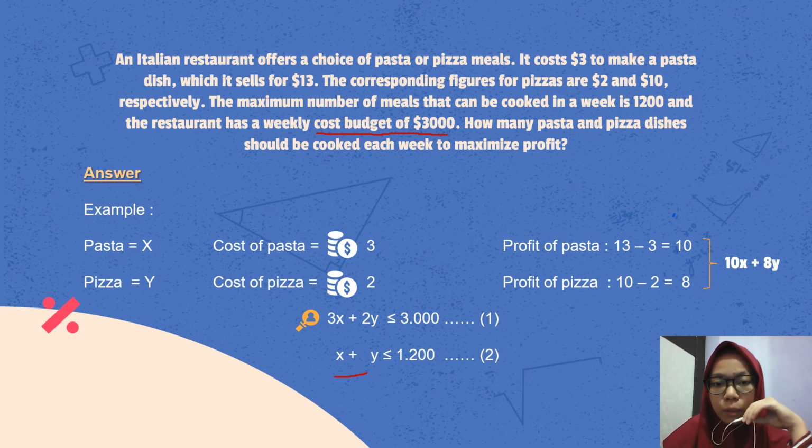So x plus y is less than or equal to 1,200. And then to get the profit of pasta, we subtract the production cost from the sales. So the profit of pasta is equal to 10, and the profit of pizza is 10 minus 2, which is 8. So profit is 10x plus 8y.